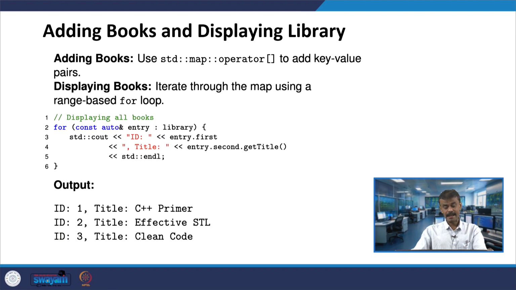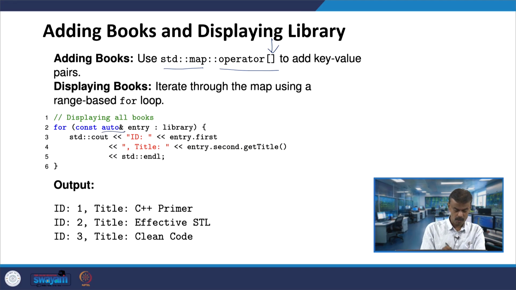Now, adding books and displaying the library. Again I am using map. Under map I have the operator, and I am going to overload the array subscript symbol to add key value pairs. Then, displaying the books using a range based for loop, which is useful to display the books. Here, library we have already used.